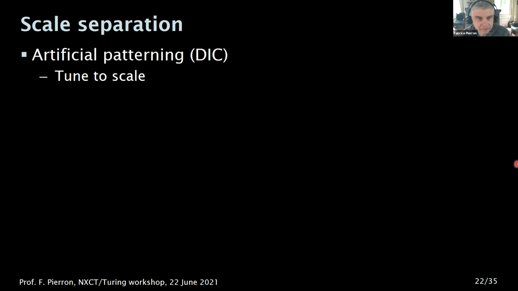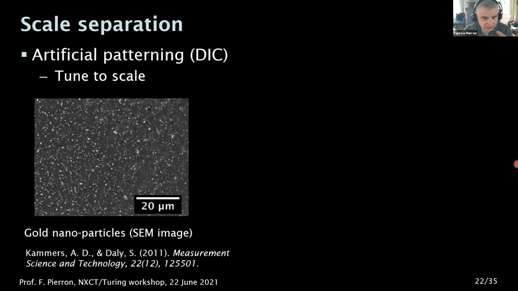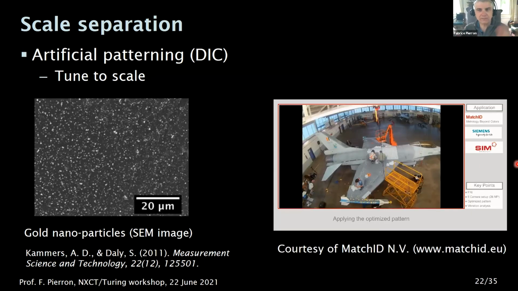Unfortunately, while in DIC you can tune your pattern to scale, for instance, if you're interested in the strain in the grains of a metal at the scale of, say, 10 micron, then you can use gold nanoparticles under an SEM and image at very high magnification the strains directly in a grain. On the other hand, if you're not bothered about this and you want to look at a big structure, then you can apply a big pattern and completely ignore the microstructure and the mesostructure. And so in both cases, you completely separated your scales.